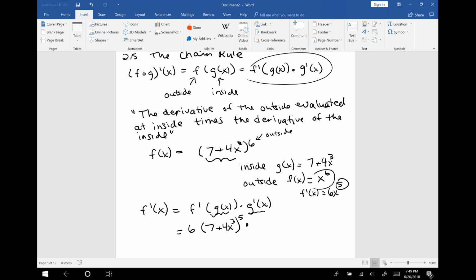And then to do the second part here, we're going to multiply by the derivative of the inside. So the derivative of this thing. So we're going to multiply by 12x squared.